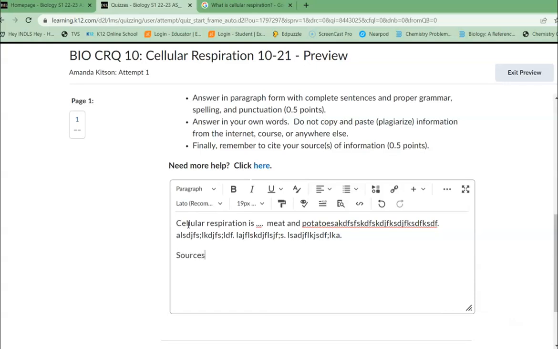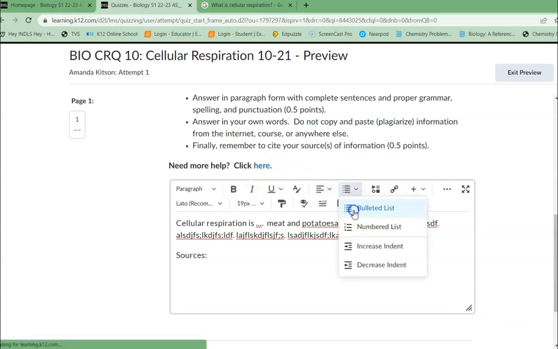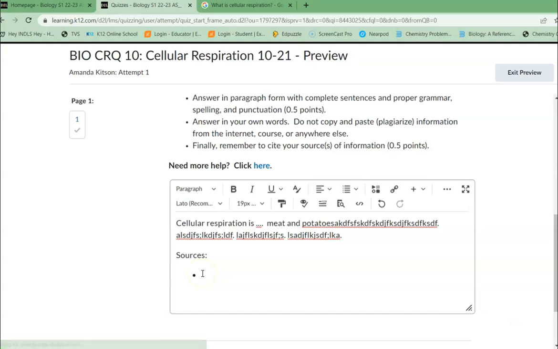So sources, just write the word sources, put a colon, hit enter, and then maybe a bulleted list. And you can write something like, if you used information from class, Biology Class Connect with Mrs. Kitson, and then just put the date. Maybe it was from class on Wednesday, which would have been the 19th, right?